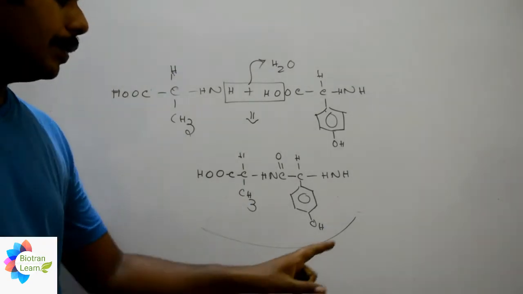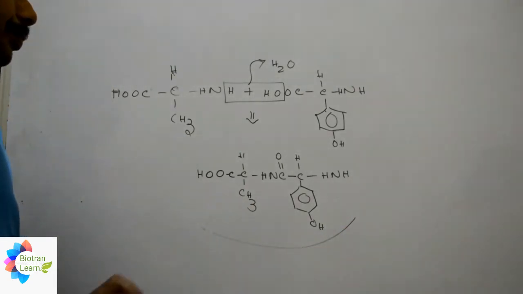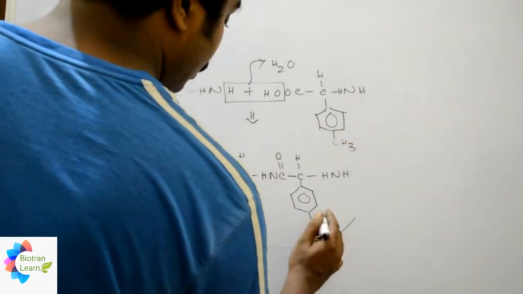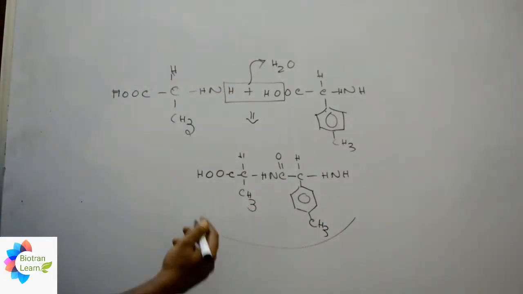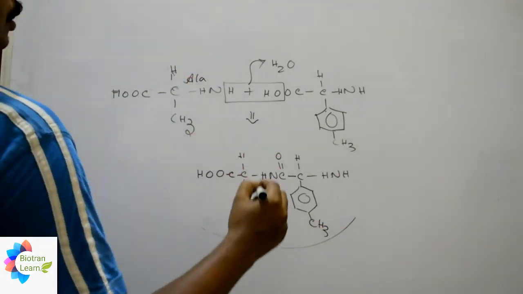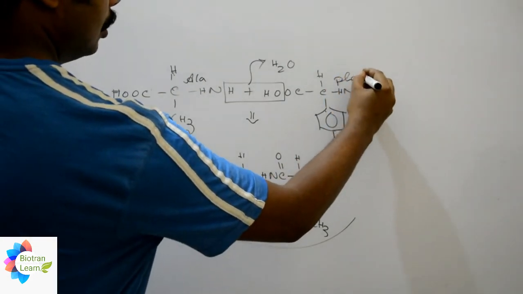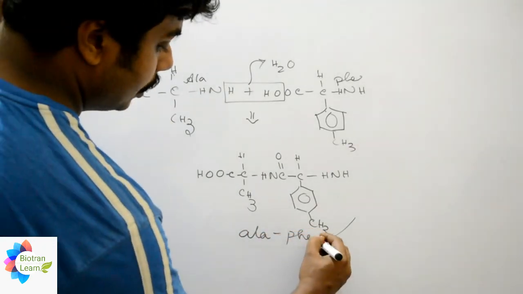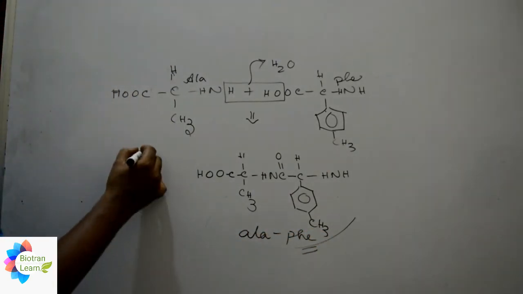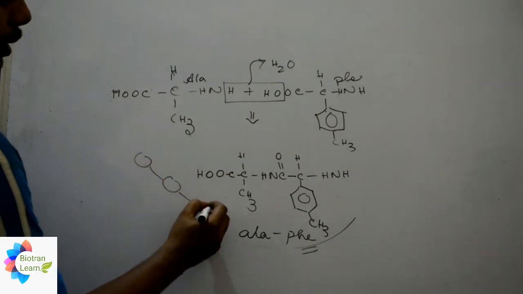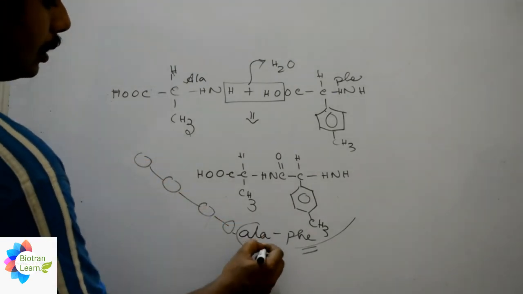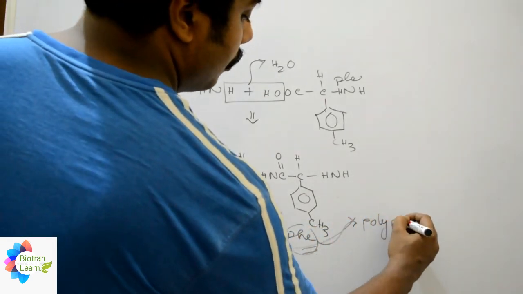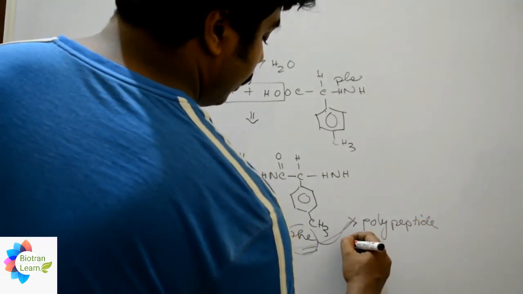So in this particular section, okay, let's make it phenylalanine. So what we are getting here, this was alanine, this is phenylalanine. Subsequently we will get alanine attached to phenylalanine, and we will get a particular amino acid sequence in the polypeptide chain form.